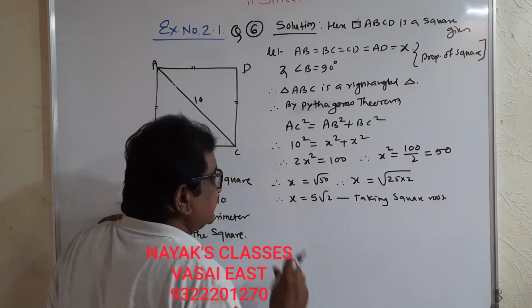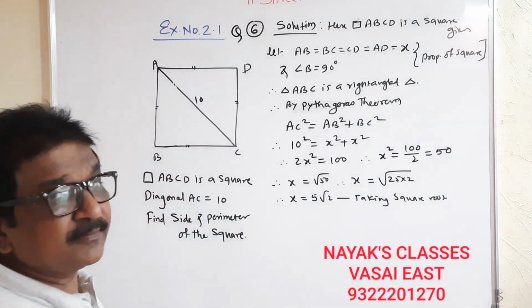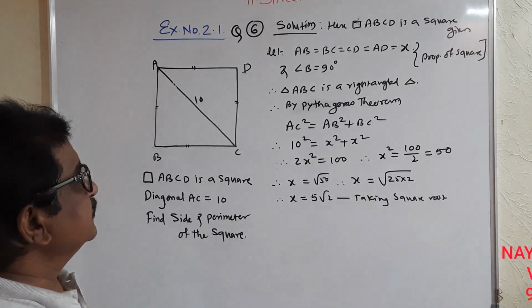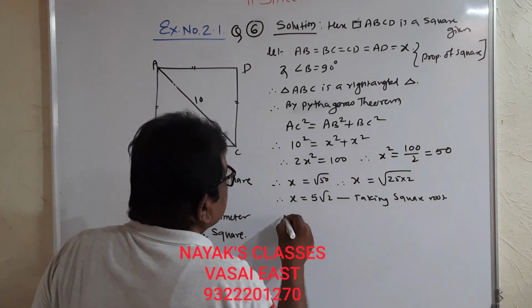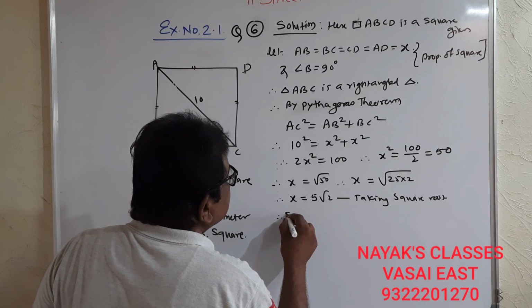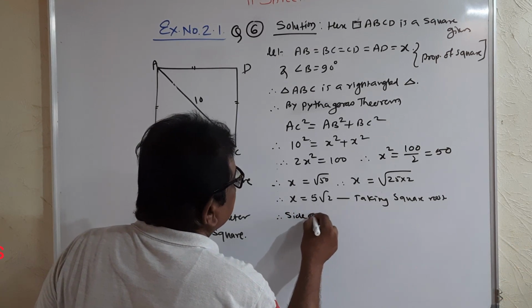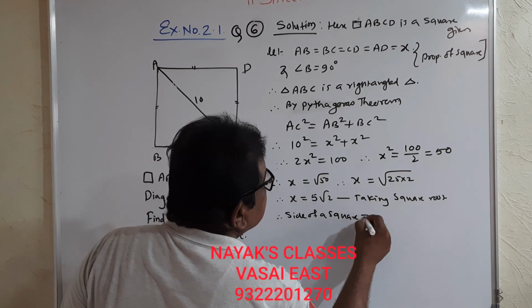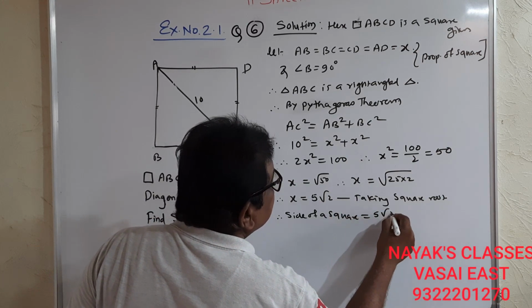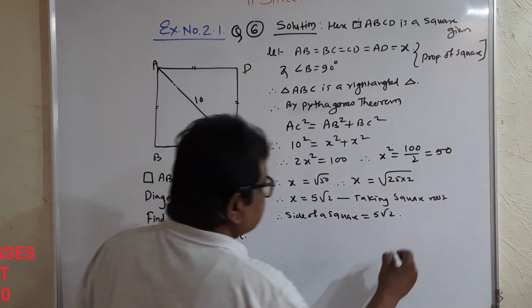So finally x is equal to 5 root 2. Therefore, the side of the square is equal to 5 root 2 units.